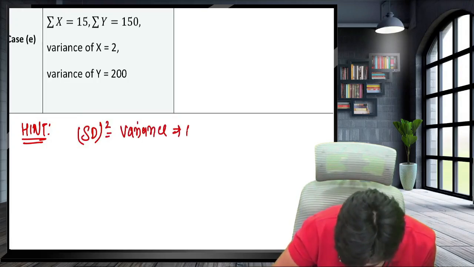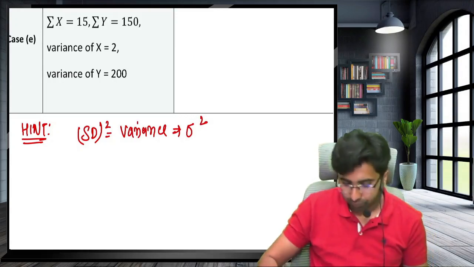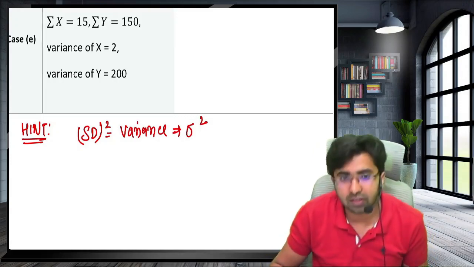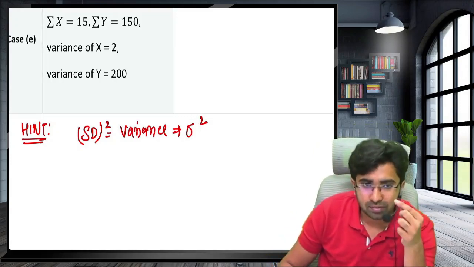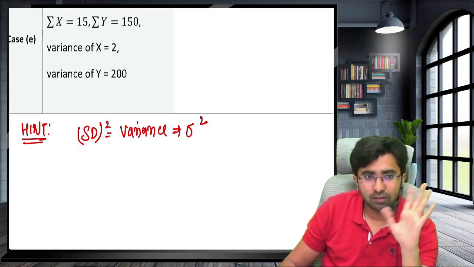Or I can say variance is standard deviation whole square. Sigma represents the standard deviation and the square of it is variance.